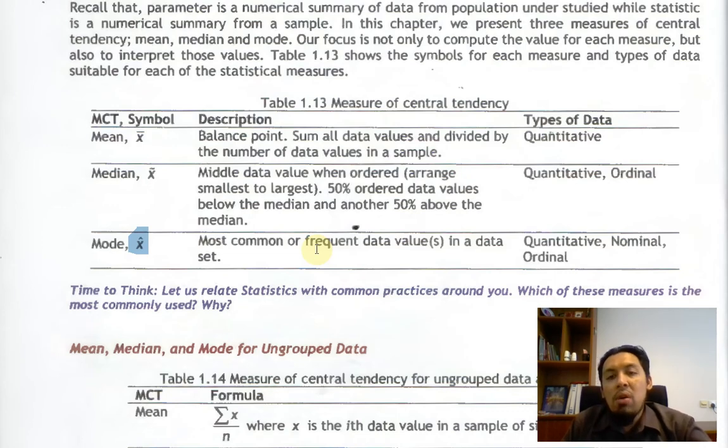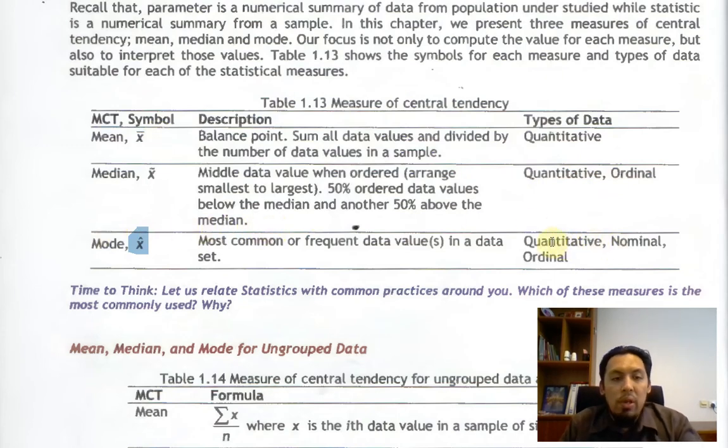The kind of data that you can use with each of these MCT is this. For mean, you can use it only with quantitative data, the data that can be quantified. For median, you can use it for quantitative and also ordinal. For mode, you can use it for quantitative, nominal, and ordinal.